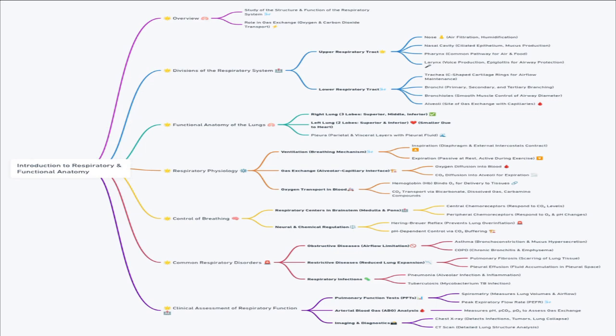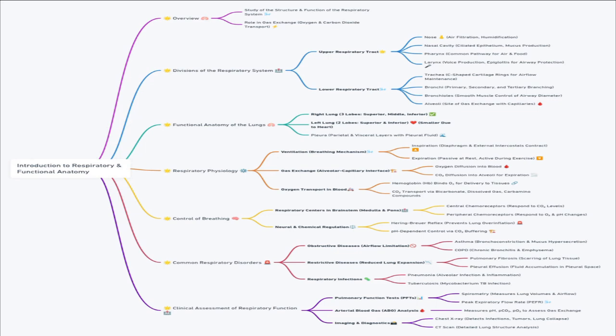So the subdivision of the lower respiratory tract includes the conducting zone, like I said, the trachea to terminal bronchioles, and the anatomical dead space is about 2 mL per kilogram in adults. The main function of the conducting zone is conduction and humidification, and they derive their nutrition from the bronchial circulation.